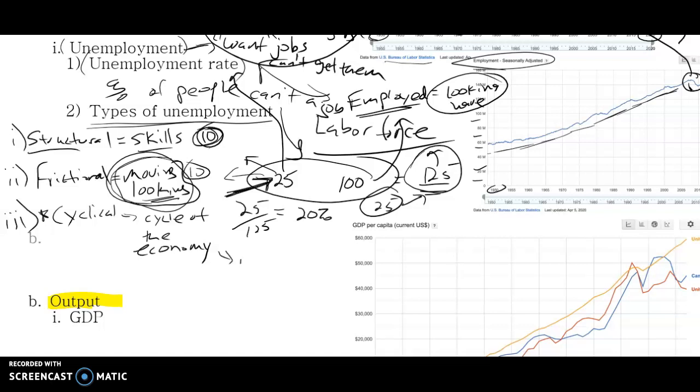And so there's just not enough jobs. There might be 5 of these people that are unemployed, but there are no jobs available to them. They want a job. They're looking for a job. They might have the skills. They're not just looking to go between jobs, but maybe they've been fired because the economy needs less workers. There's just not enough jobs available for the people that are looking for jobs.